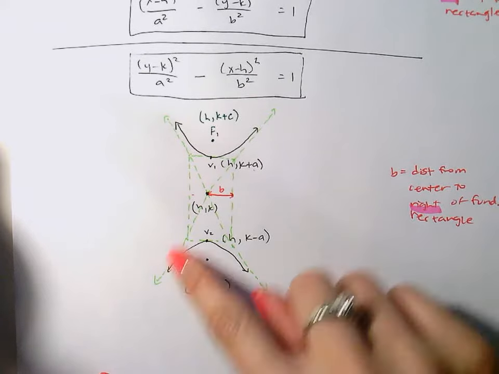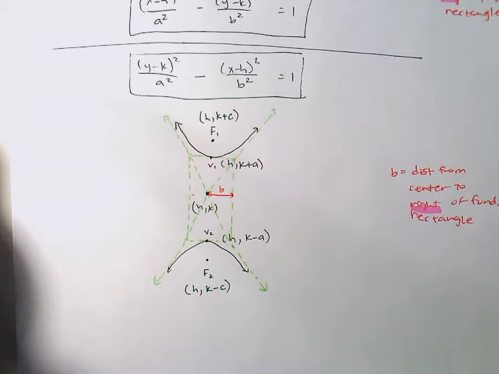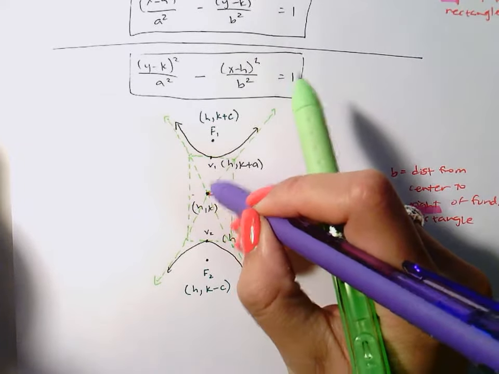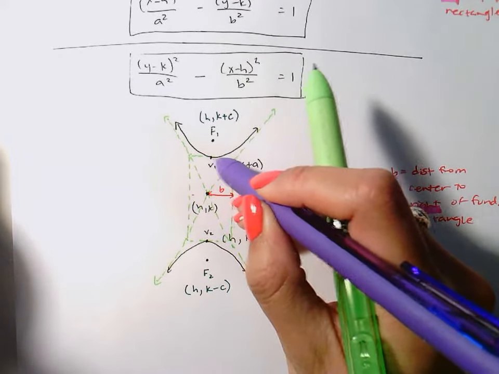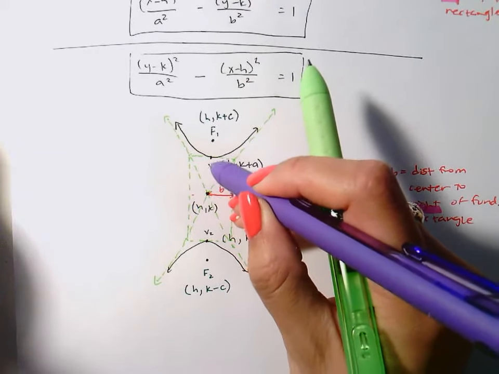So in order to find the equations of these asymptotes, we're going to do something very similar to what we did before. We're going to use the rise over the run. The rise is going up, and the run is going to the right. So the rise is the distance between the center and the vertex.